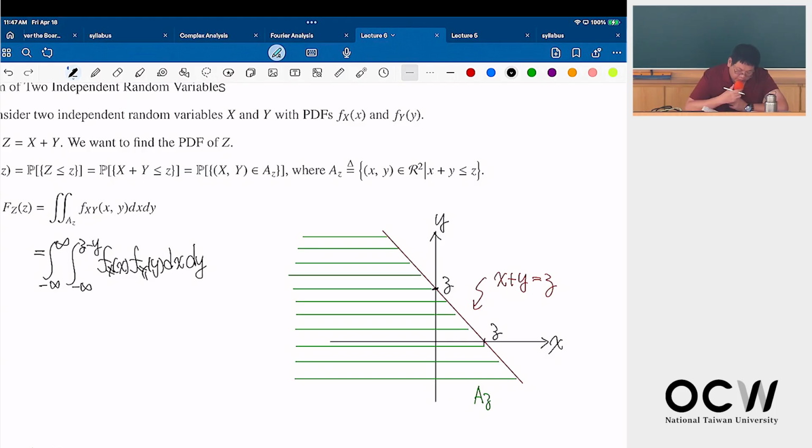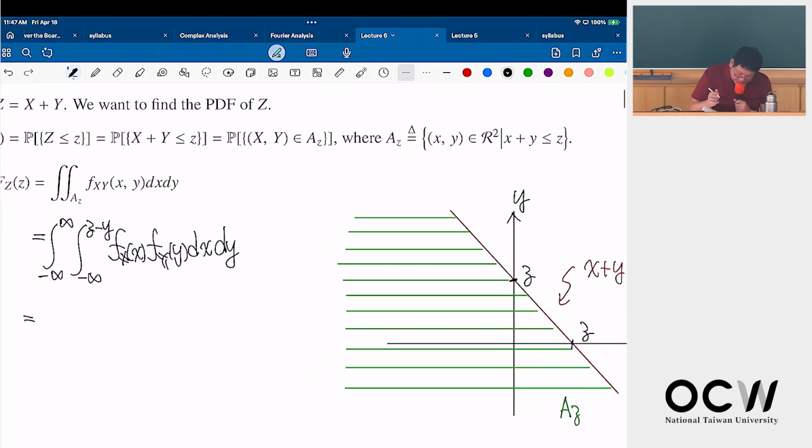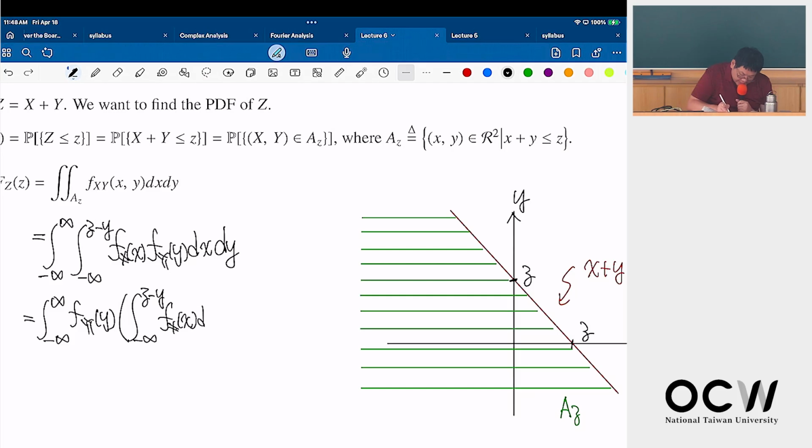And then y will be from minus infinity to infinity. So here it is the PDF of y, and since they are independent, we separate that: the integral of the PDF of x from minus infinity to z minus y, dx. So this is the PDF of y.